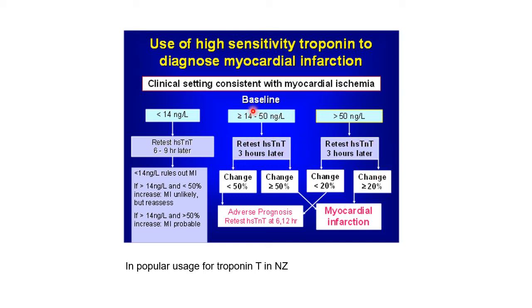And if your baseline is less than 50 and there is a greater than 50% change, that is significant. And if you are greater than 50 nanograms per litre, then a greater than 20% change is significant. However, if you have an adverse prognosis, then further testing may be indicated at a later time point.